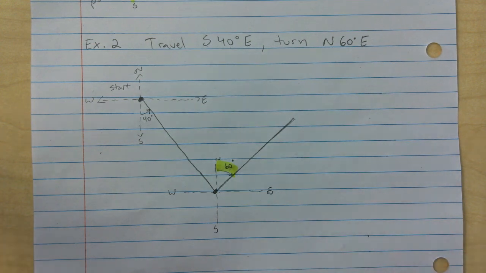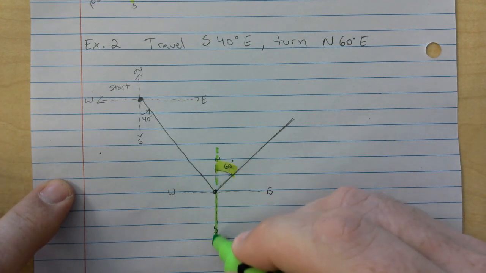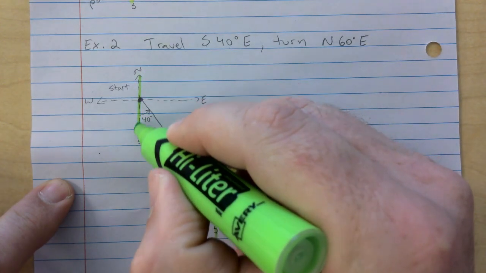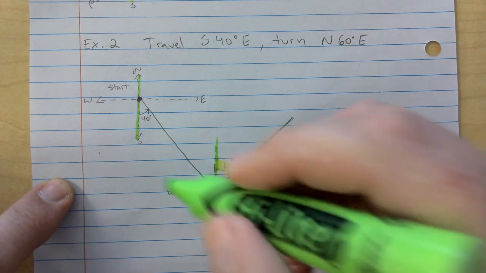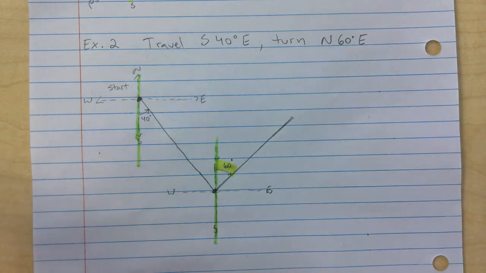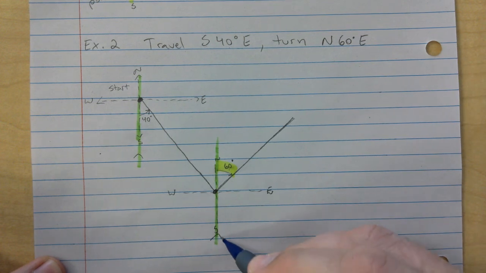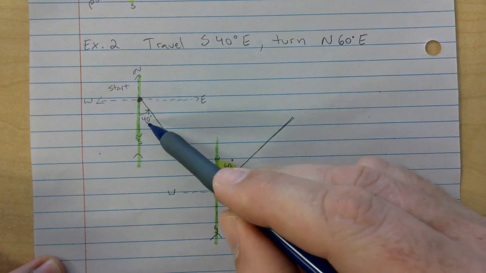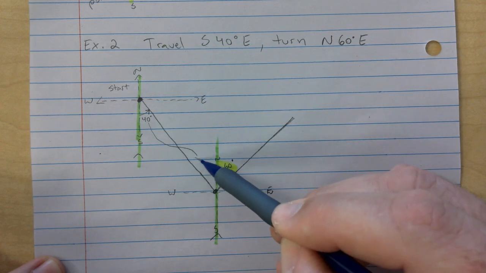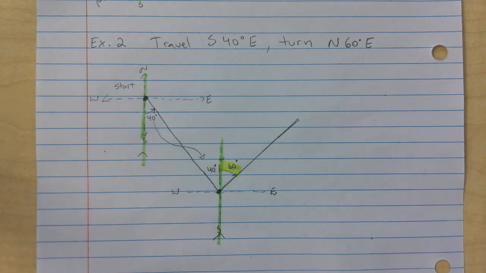And watch this. This line right here and this line right here, they're parallel. Okay? This line and this line, they're parallel. It's parallel to this one. So we can bring this over. You have a Z here formed. You can bring this over into there, and you have your 40-degree angle now in there.